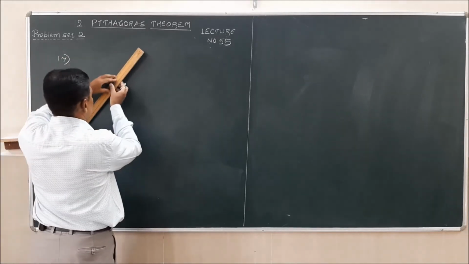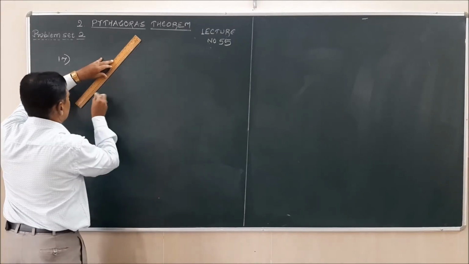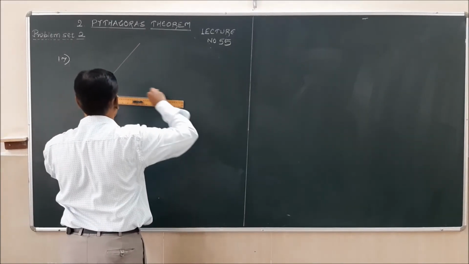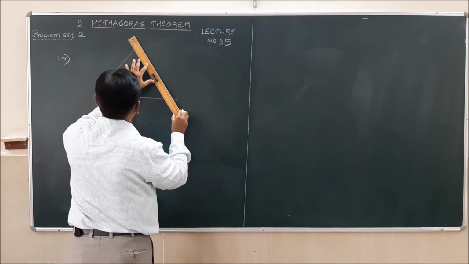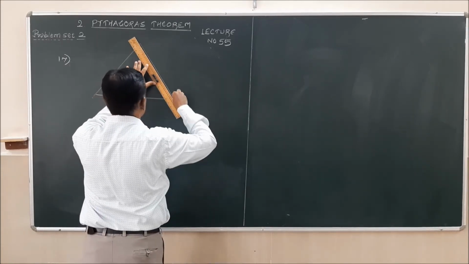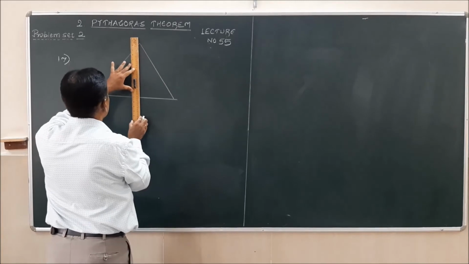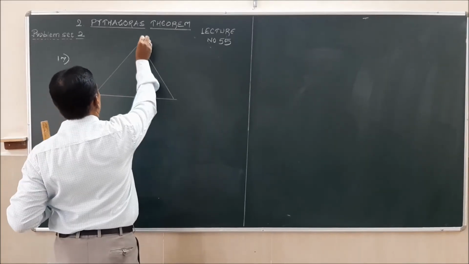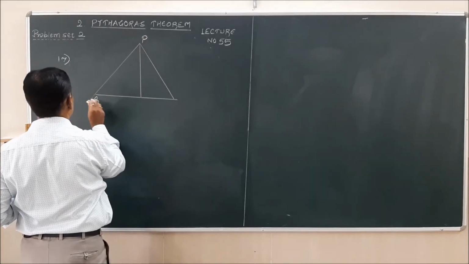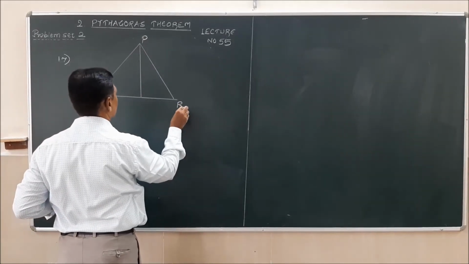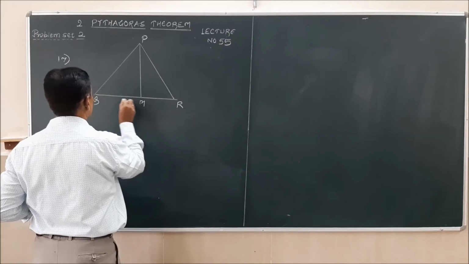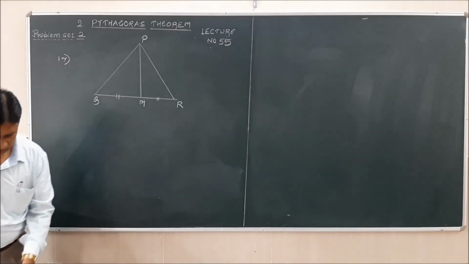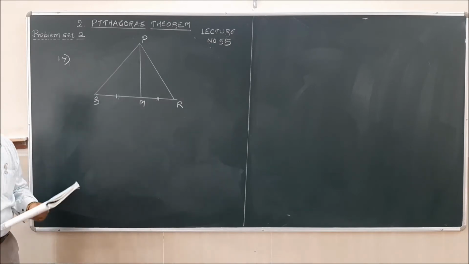Okay, fine. So I'll draw triangle PQR here. PM is given as a median. PQR is a triangle given. PM is the median of triangle PQR.